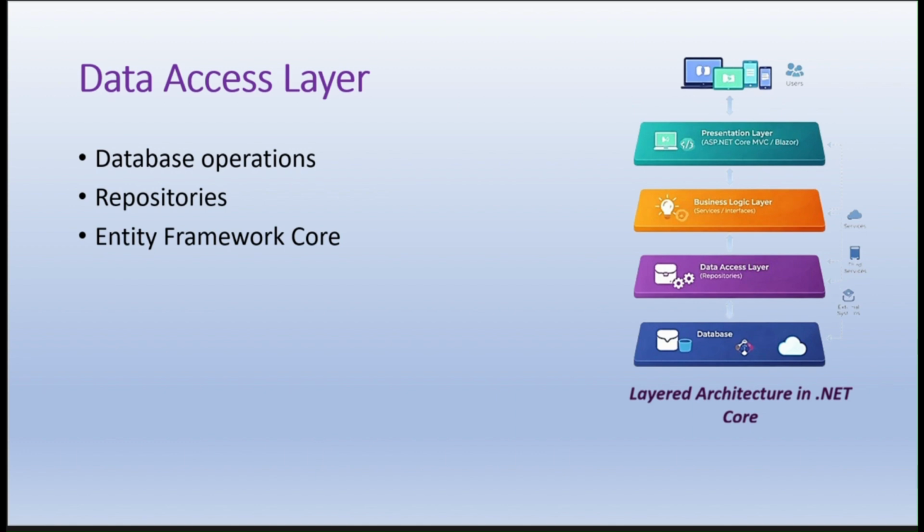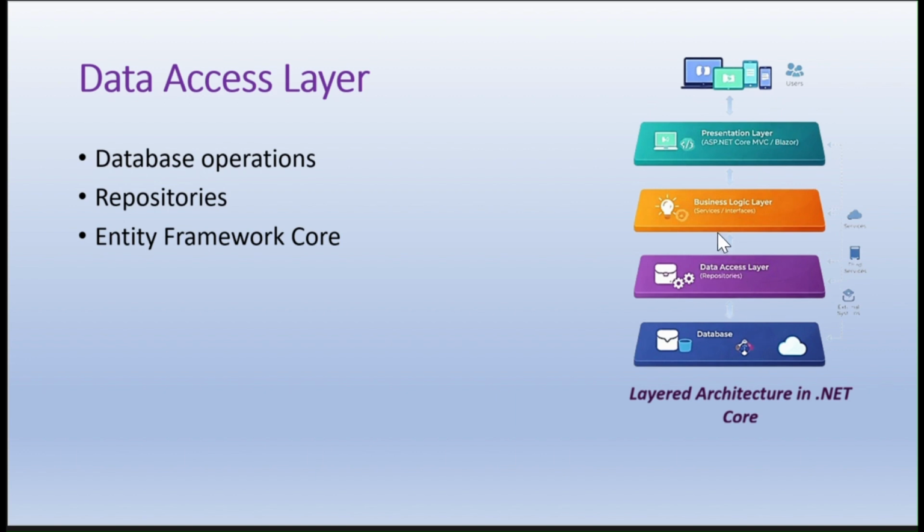Data access layer. Now the data access layer handles all the communication with the database. It contains repository classes and uses Entity Framework Core to perform CRUD operations. The business layer does not directly interact with the database. It communicates only through this layer. So when we have a database, like here we can see, and we have the business logic layer, the data access layer is intermediate between these two.